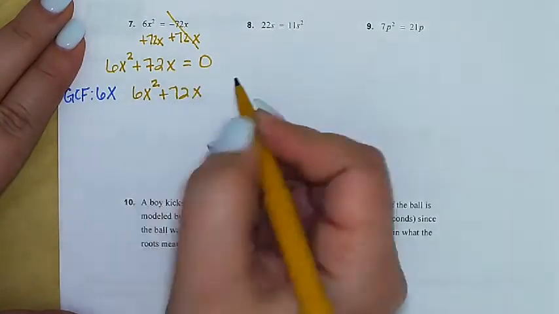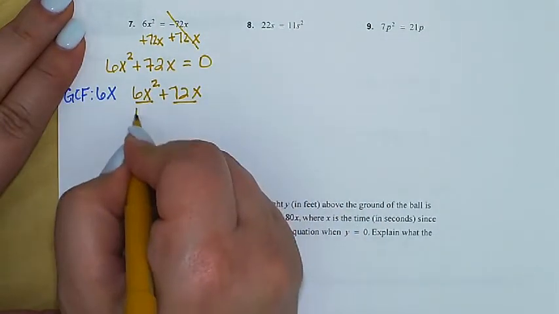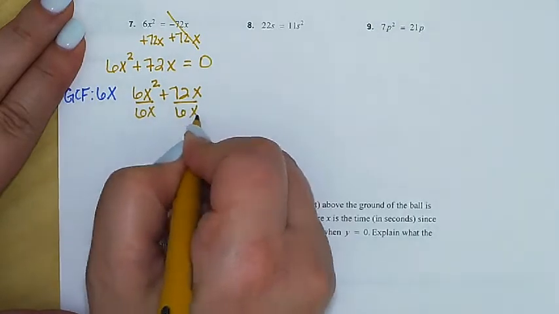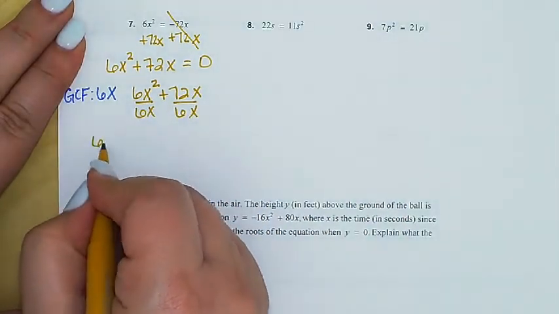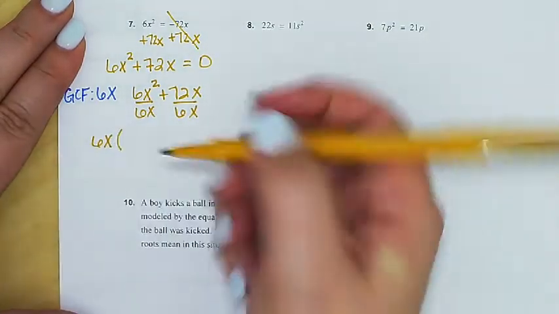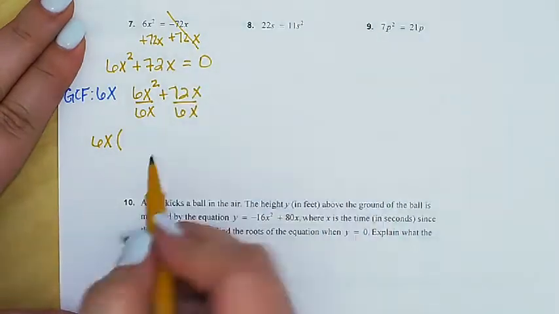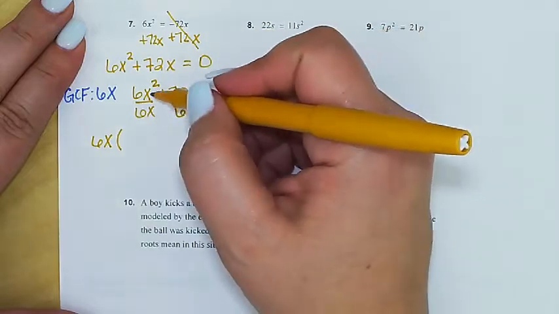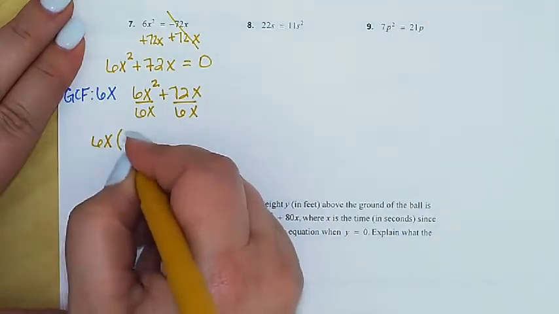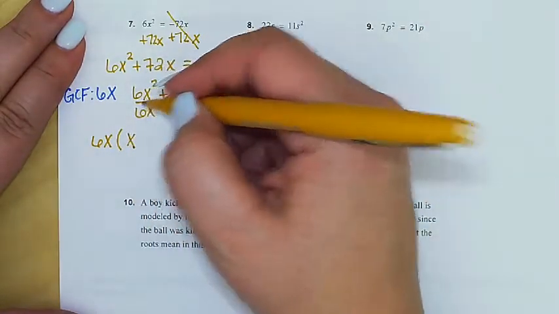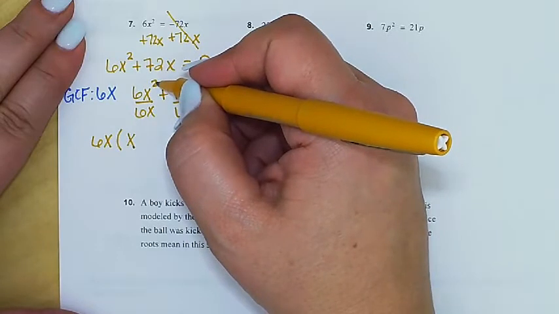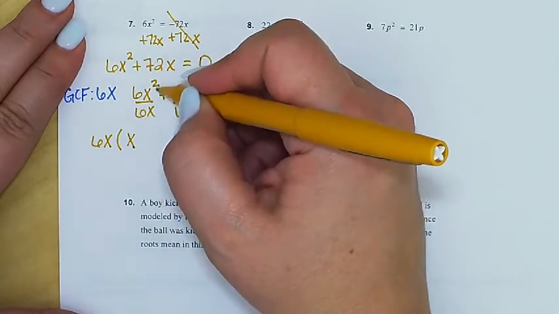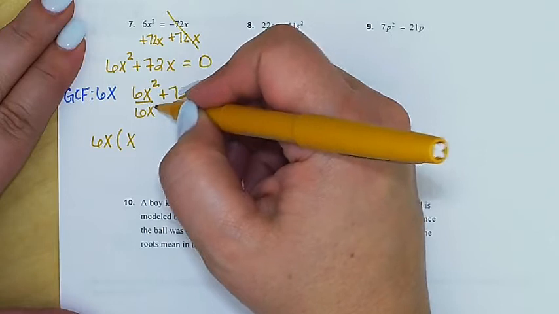So I'm going to take these two terms and divide them by my GCF, so that when I write it out in front of the parentheses, this is going to guide me to what's left in here. So 6 over 6 is 1. That goes away. X squared divided by x is still x. So basically the 6's cancel, and for the x's, you subtract the power.